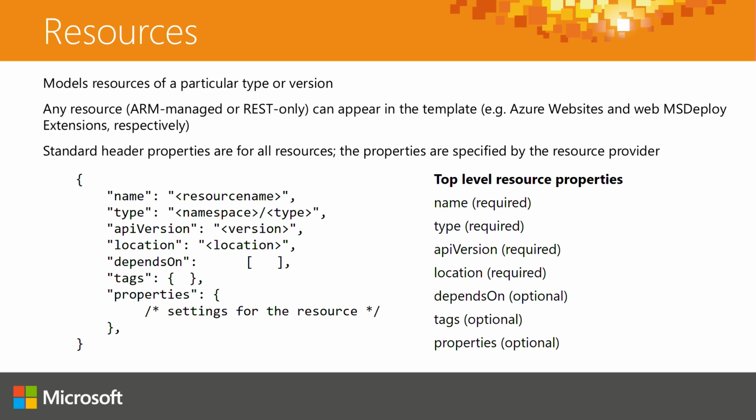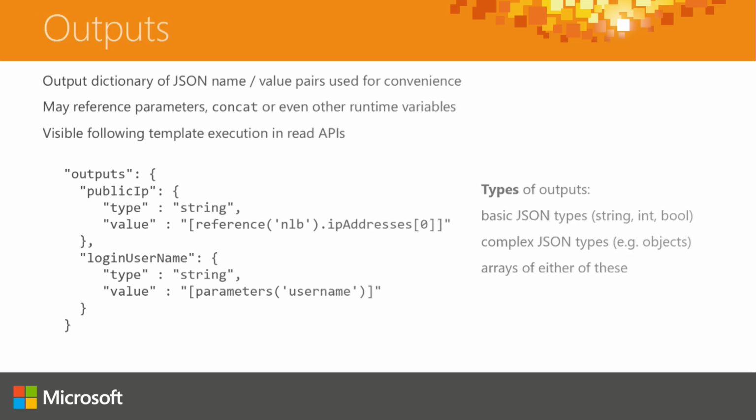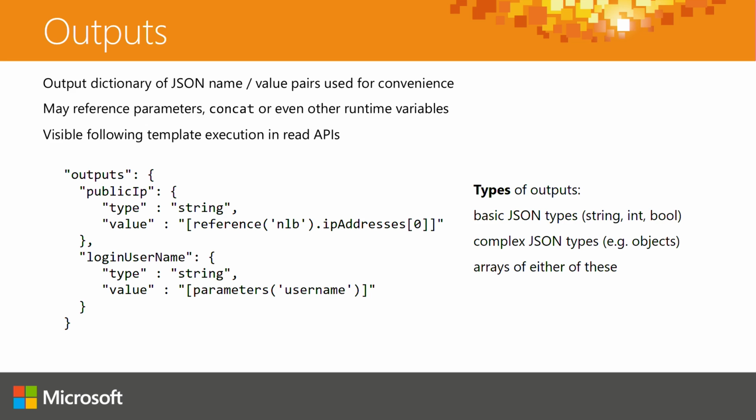So that's where you specify all the details of your resource. And then at the end, optionally, you can output anything you like. So you can see the typical use case of this is I chain two different templates together so that, I don't know, like the IP address of something becomes an input, or parameter, to the next template.